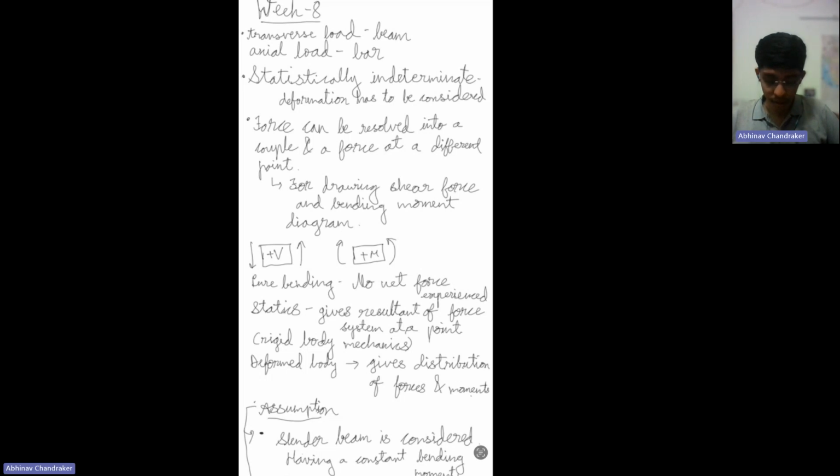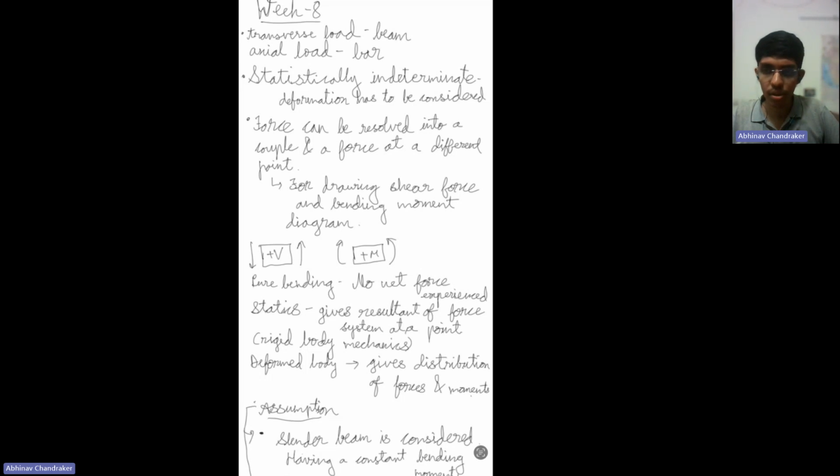Also, Sir explained that if you have a force acting on a body at a particular point, and you want to know the force and moment being experienced at a different point, then you can move the force to the point of concern where we want to know the state, and also add a moment so that the loading being applied will be identical to what it was earlier.